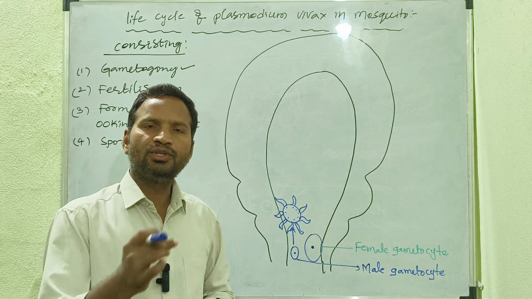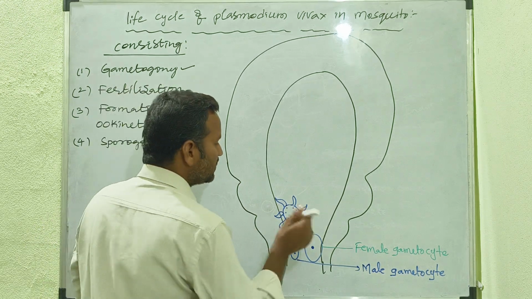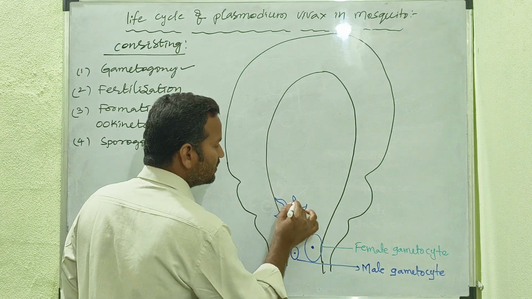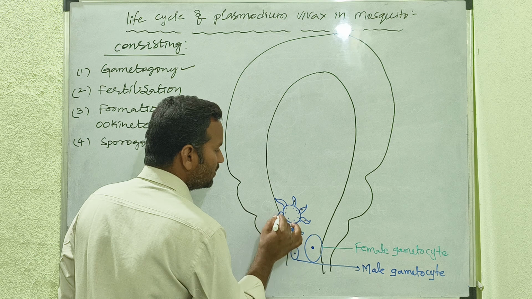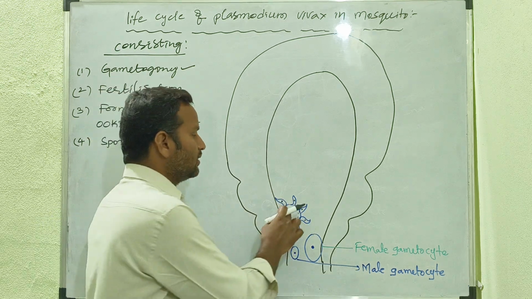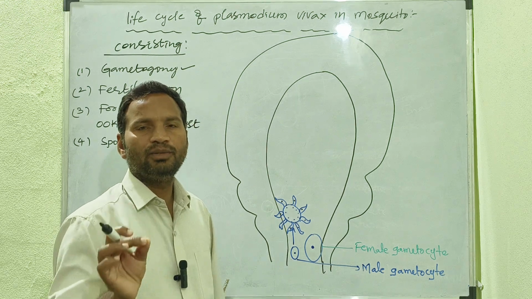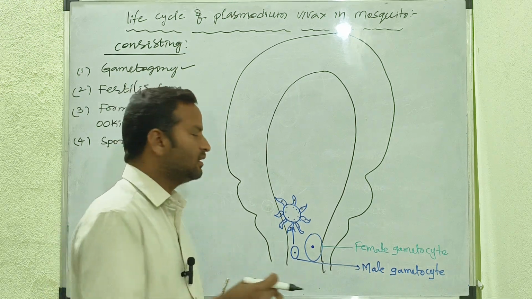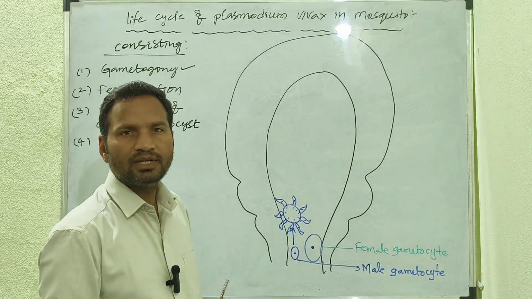After the flagella-like processes are pushed out, one pronucleus enters into each flagella-like process. Then the flagella-like processes show lashing movements, and by the lashing movements they get separated from the male gametocyte.